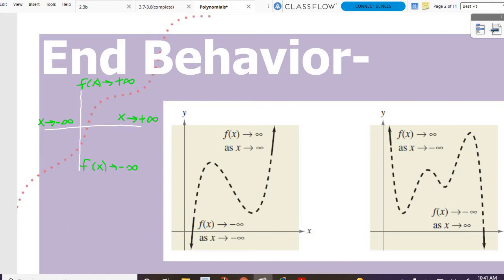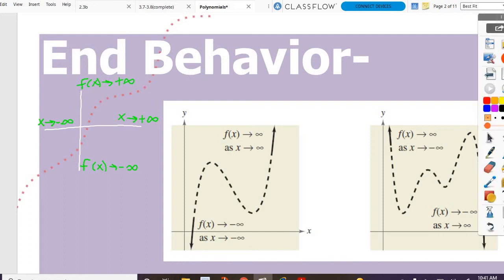Yes. So what do 3 and 5 have in common? Odd exponents. So what do we call it when it's the biggest one? Degree. So if your degree is odd, it means we have opposite directions.